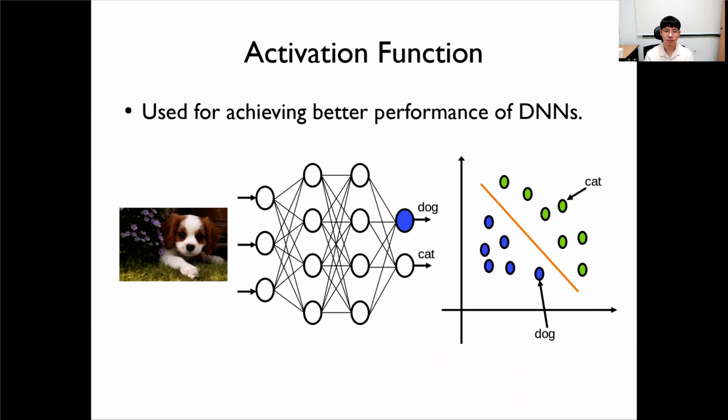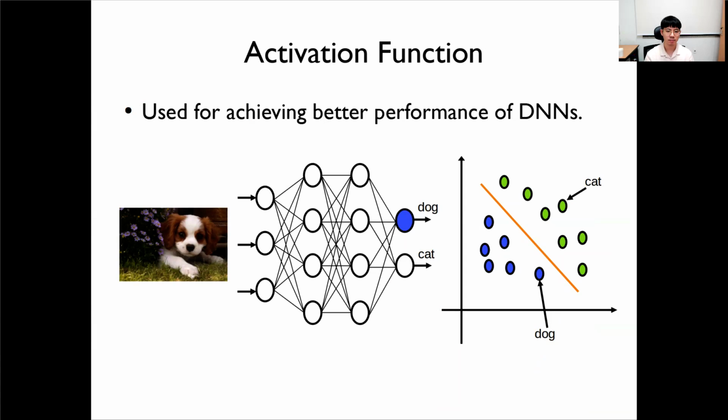And an activation function is one of the key components of DNNs as well. At a really high level, the job of an activation function is to achieve better performance of DNNs. For example, this fully connected neural network takes in images and aims to correctly classify whether an image is a dog or a cat.